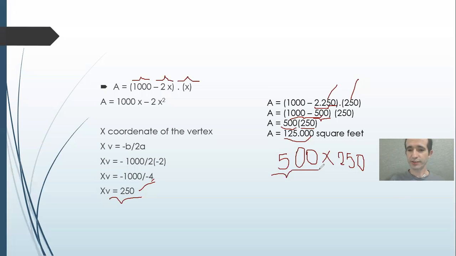We find both sides of the rectangle shape. Using these measures, we get the maximum area, 125,000 square feet. All right, we get here the maximum area.